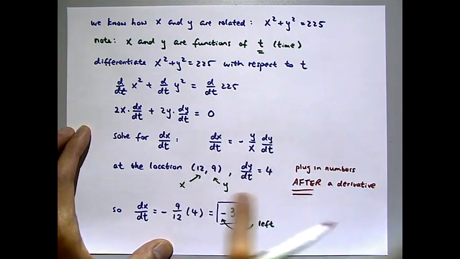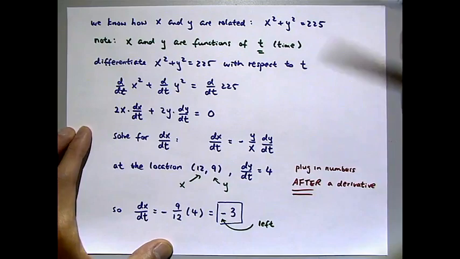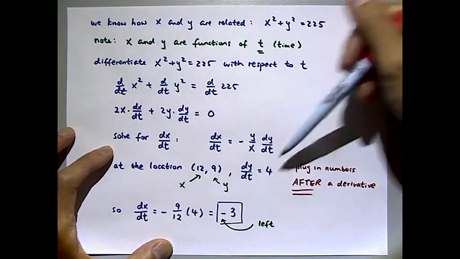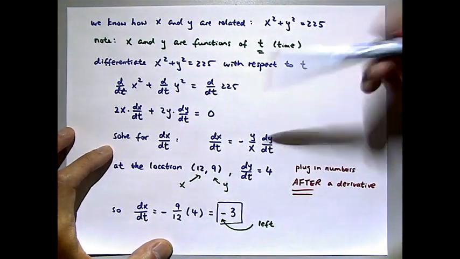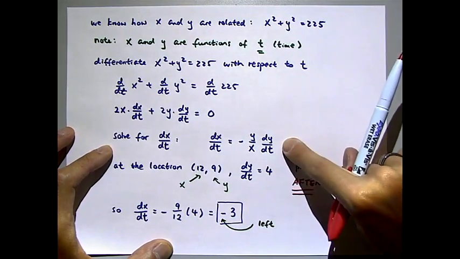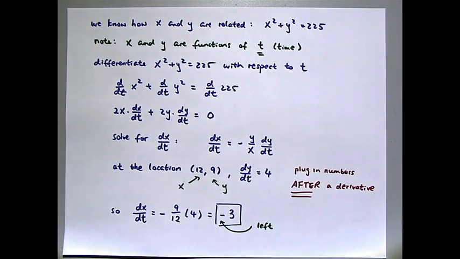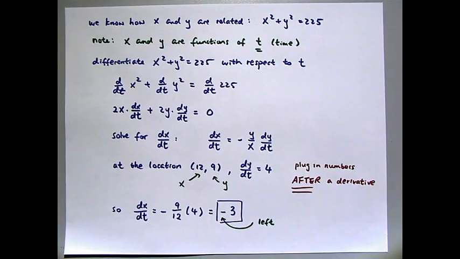None of these is going to impact anything you do until you've taken a derivative and gotten what you wanted in this step. If you plug in these before you got here, your answer will be wrong. And this is a common thing with all of these problems. If you have been given specific numbers, only deal with them after the derivative has been taken.